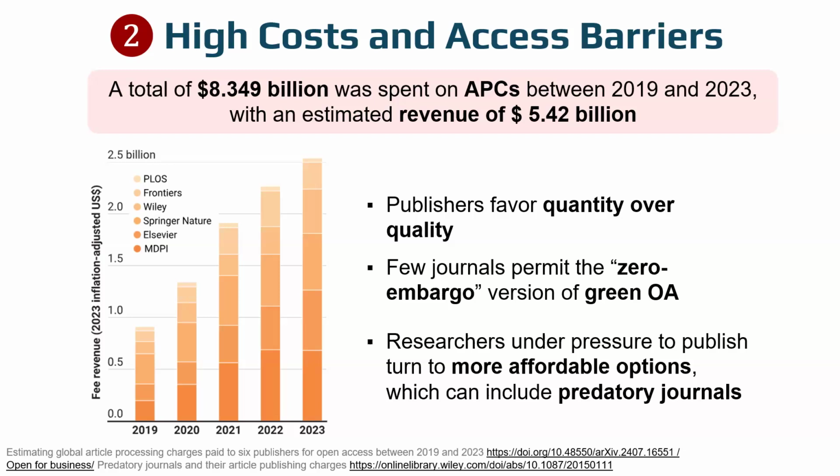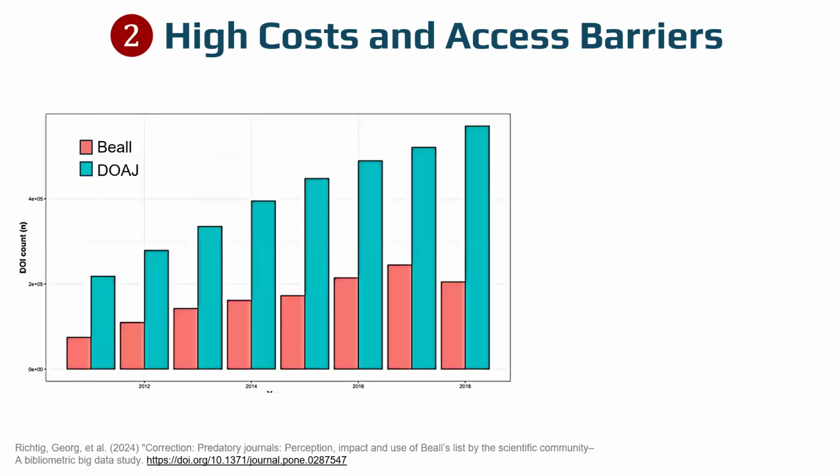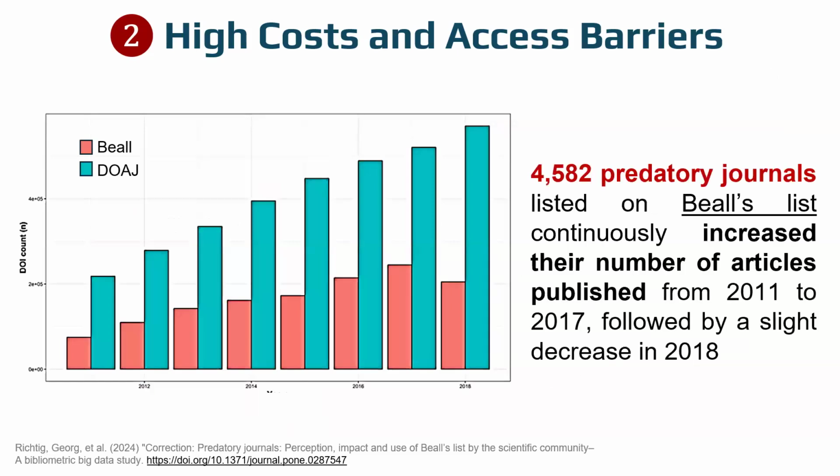So again, researchers under pressure to publish turn to more affordable options, which can include predatory journals. And actually, you can see that there is an increase in the number of predatory journals. More than 4,000 predatory journals are listed in the Beals list.